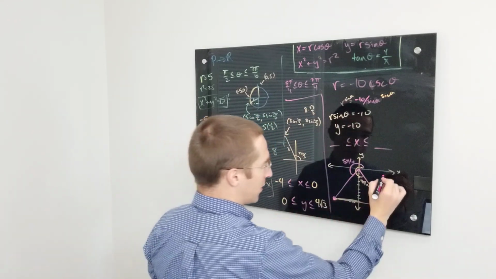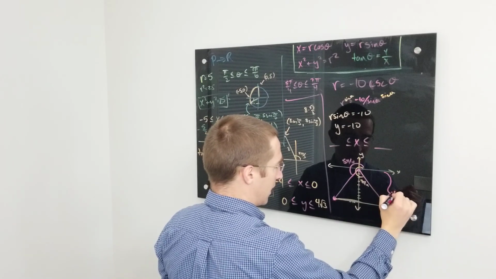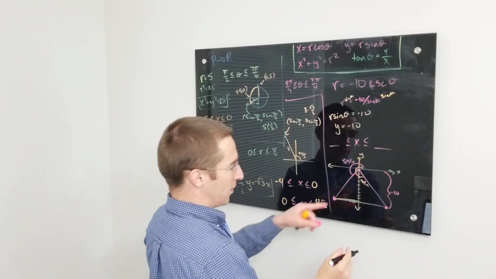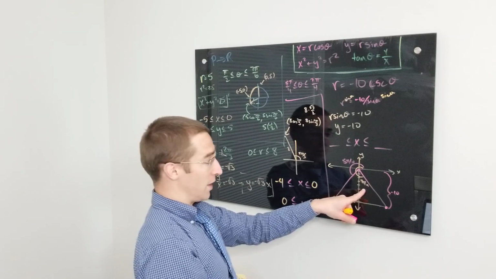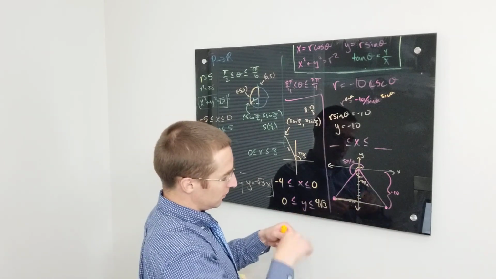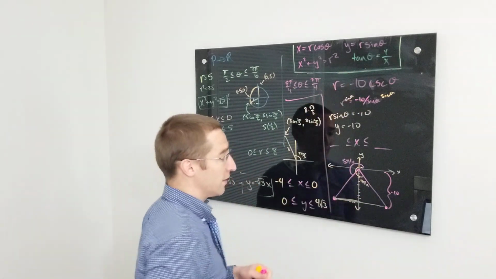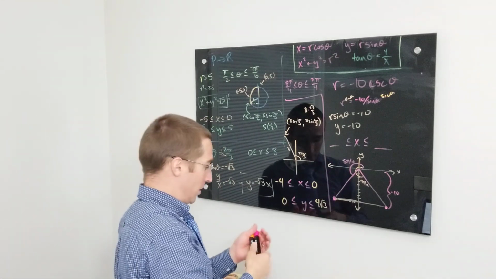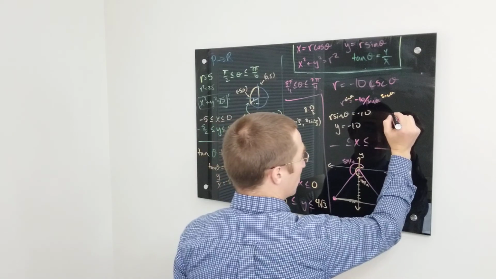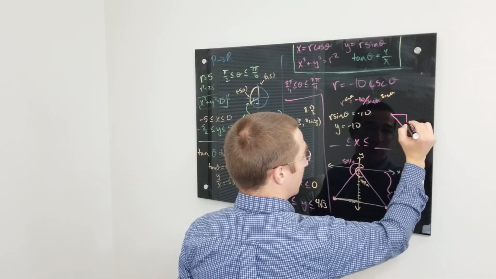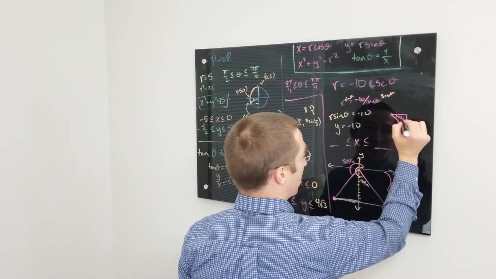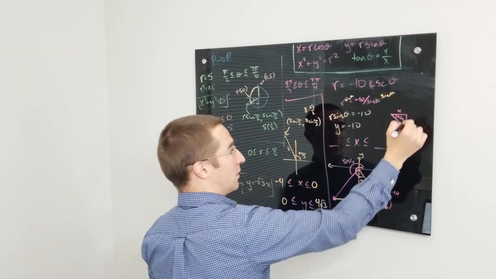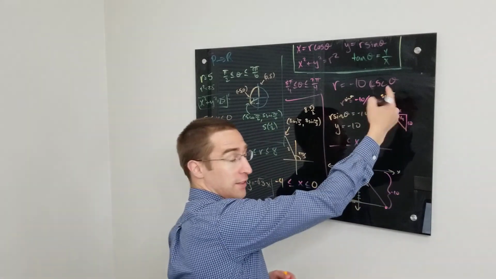Well, I know the y value is negative 10. I know this angle is 7 pi over 4, and I know tangent theta equals y over x, so that we can solve for x. Or you can just look at the triangle, triangle trig, the reference angle, opposite over adjacent, tangent.